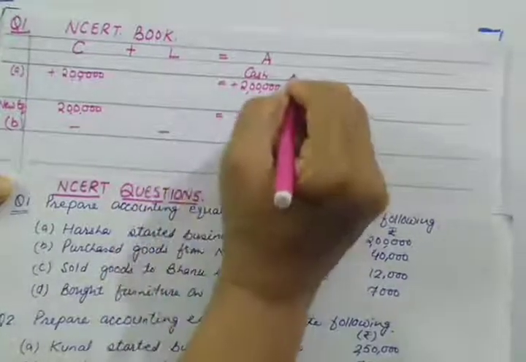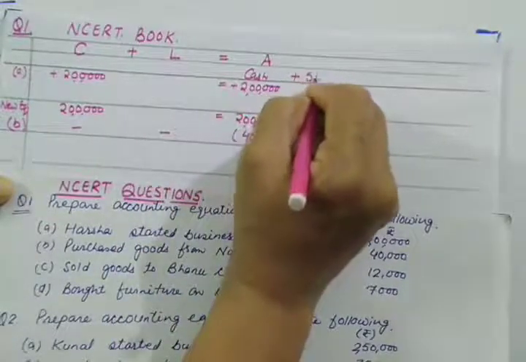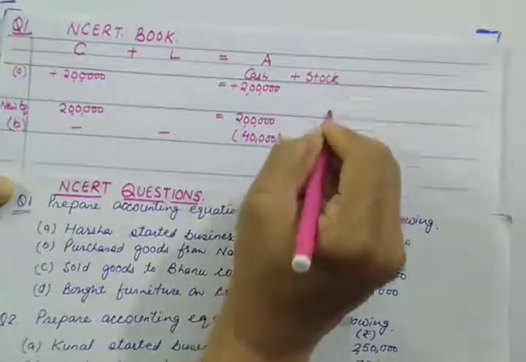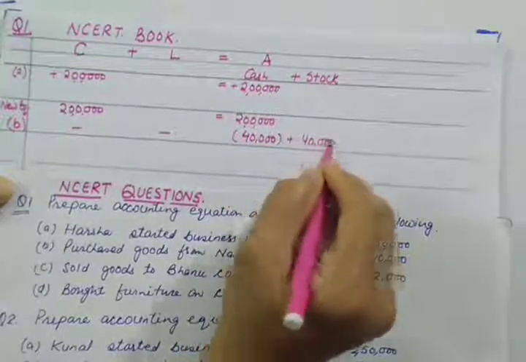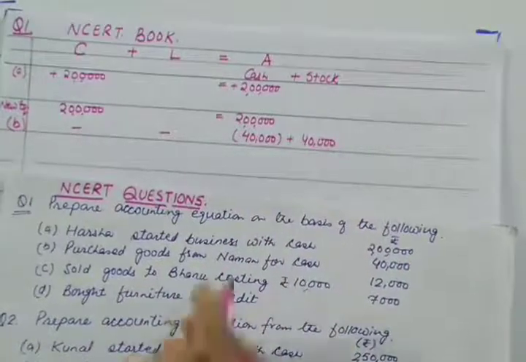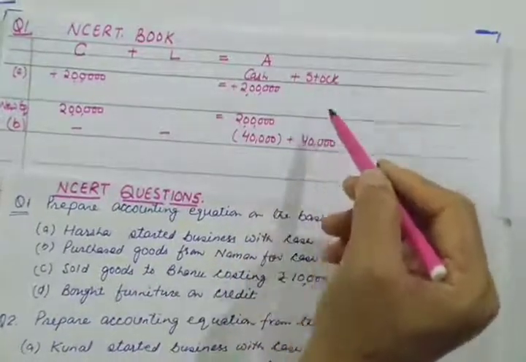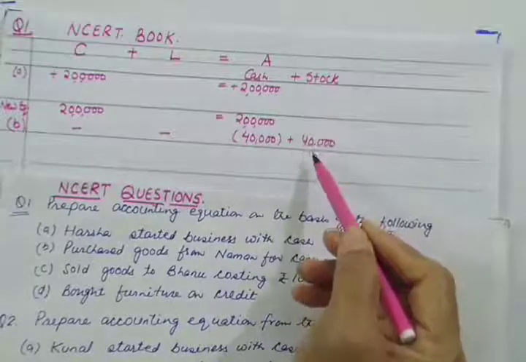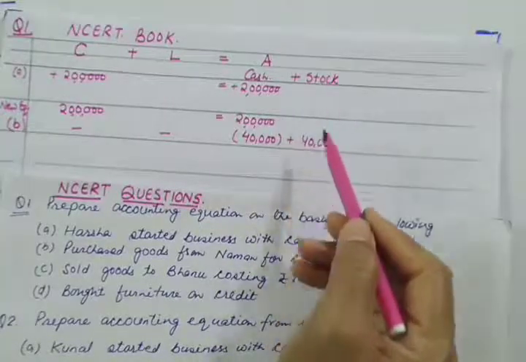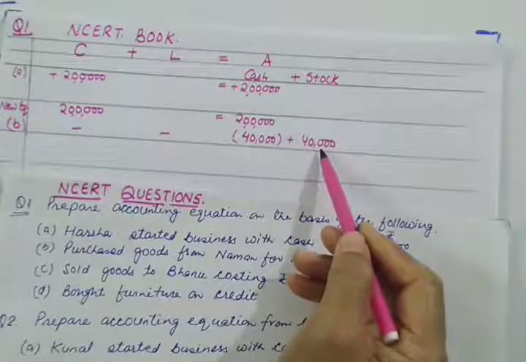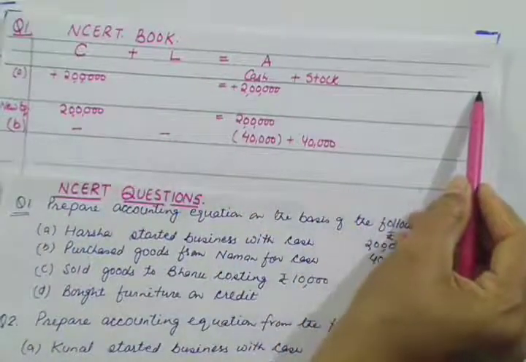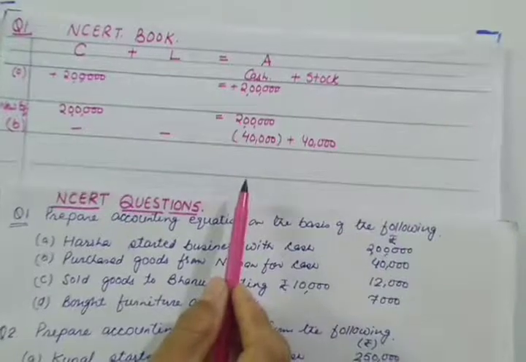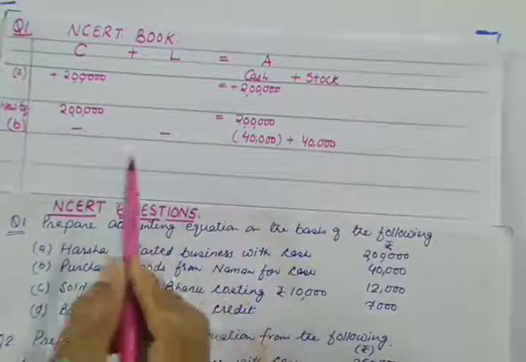Now number 2, a new item stock will be added like this. So stock in front of same alignment, you need to check the alignment also. In front of the stock you will write 40,000 and you leave this particular space for writing the asset. This is the perfect way of maintaining accounting equation.